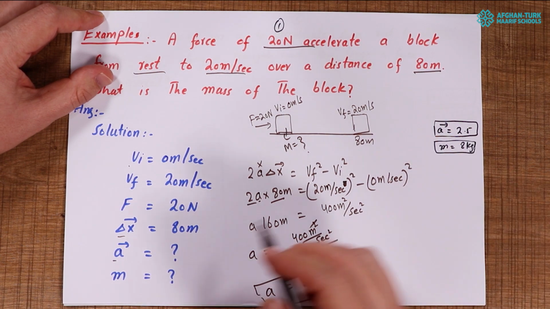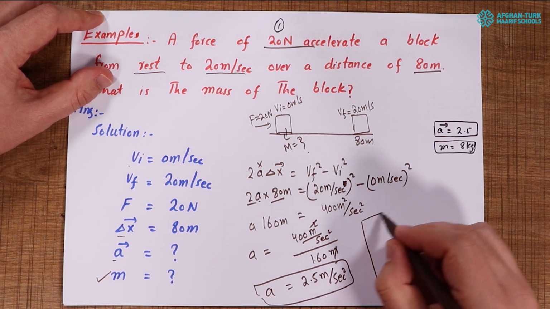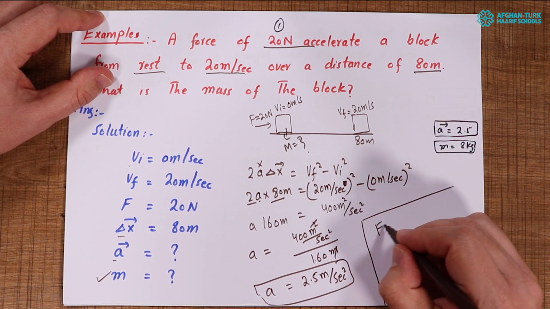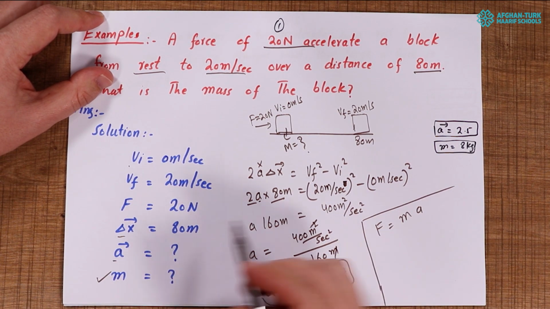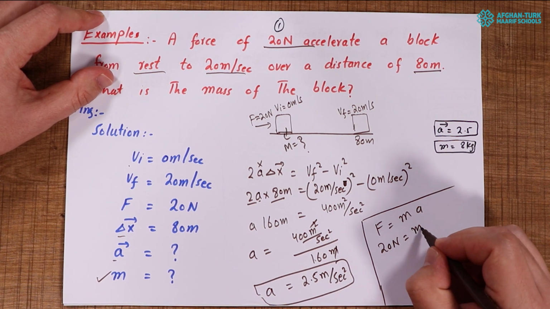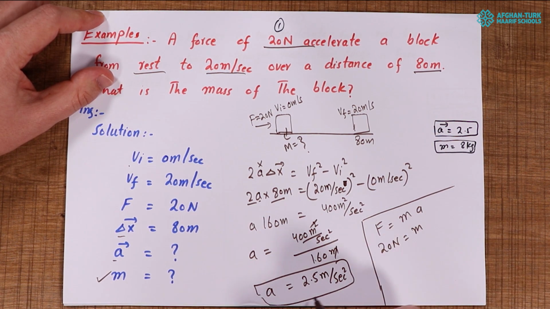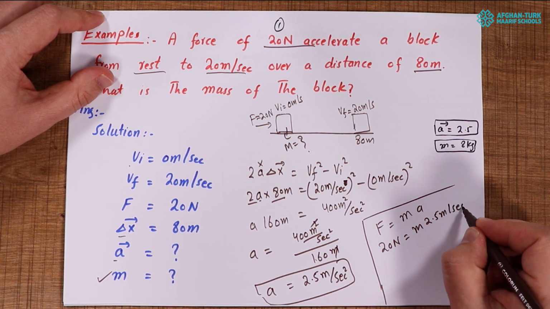Now in the next step, how can we find the mass? A very famous formula, F is equal to ma. F is how much we have, 20 Newton. This is given in the question. Mass is unknown, and acceleration we already found, which is equal to 2.5 meter per second square.